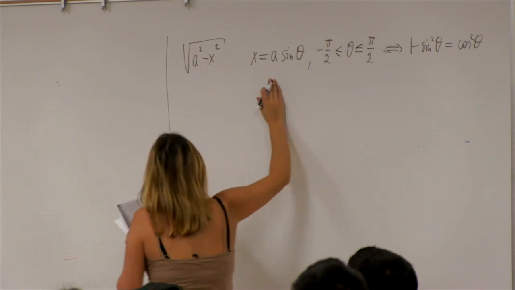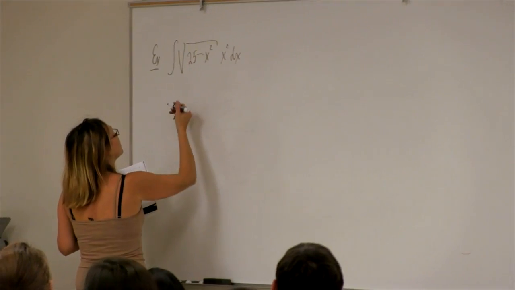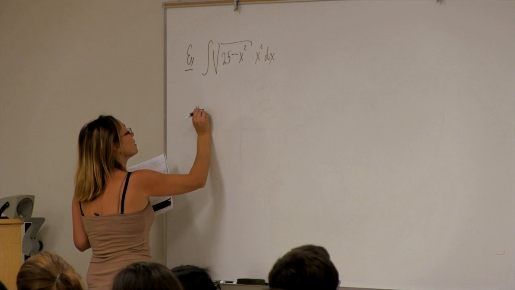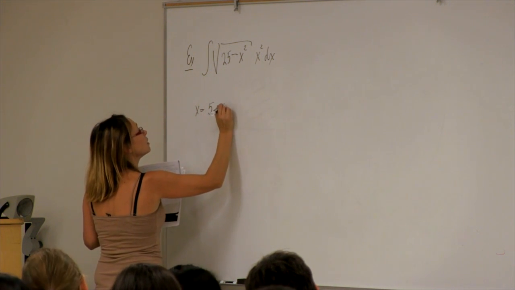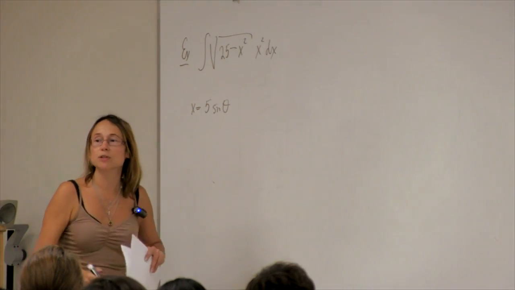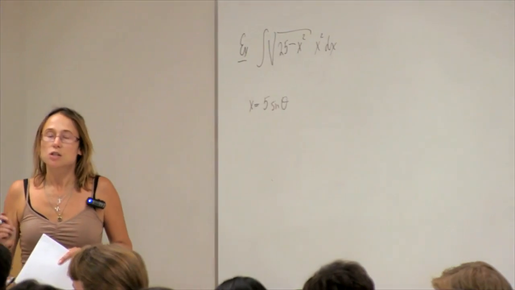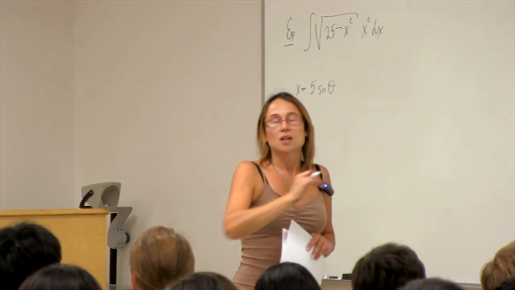Okay, so let's see. Here we have this pattern. I'm going to take x to be equal to 5 sine theta. And you'll see that it helps tremendously. The question? Why is it sine? So over here I used cosine. And the cosine would work just as well.